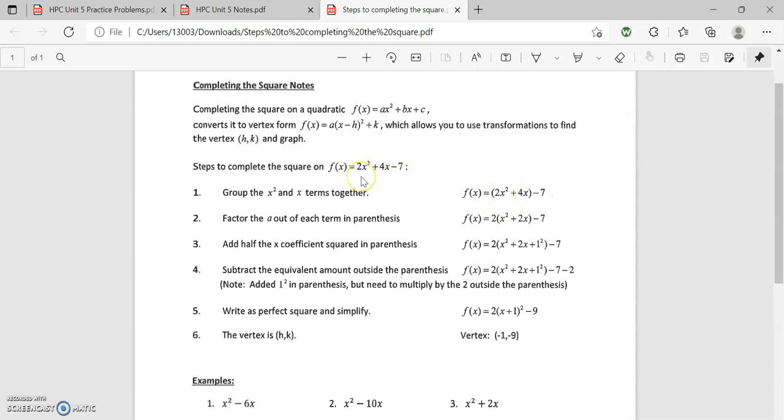In this example, we started with 2x squared plus 4x minus 7. Honestly, there are 6 steps here, but they are very simple steps. Step 1 is literally putting a set of parentheses around the x terms. Okay, so that's step 1.